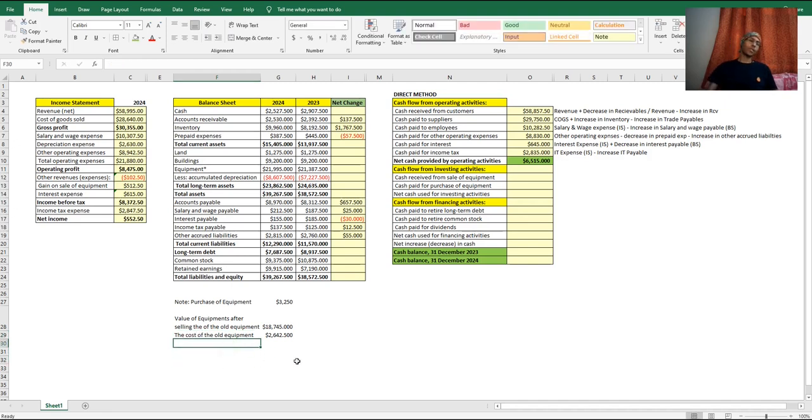Now what you can do is you can ascertain the depreciation adjustment to it. Depreciation adjustment. This is equal to change in the accumulated depreciation, which is basically, let us first find this. This is equal to this minus this.